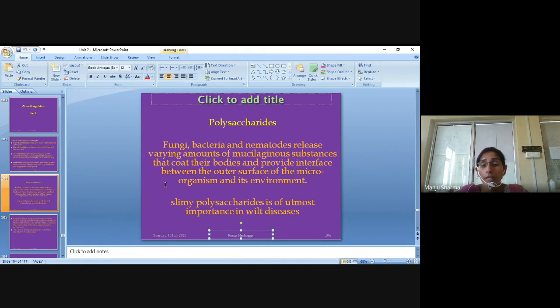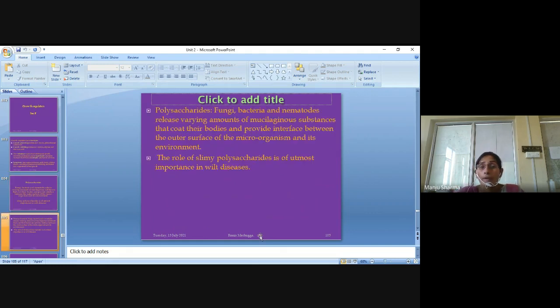The role of slimy polysaccharides is of utmost importance in wilt disease.